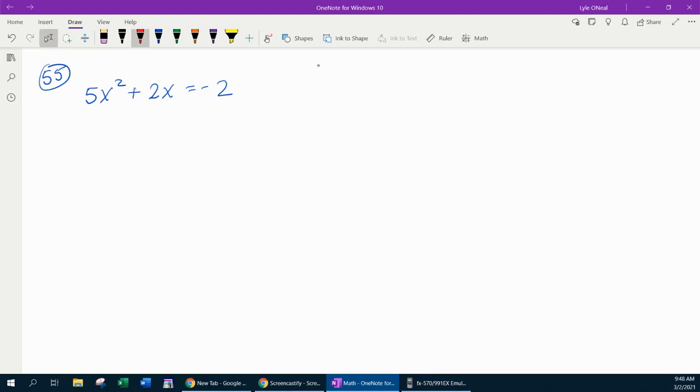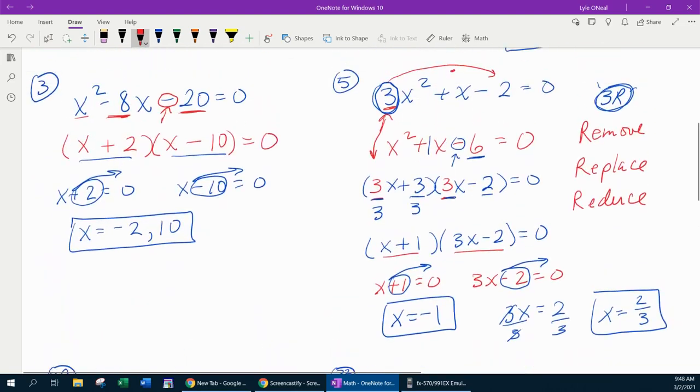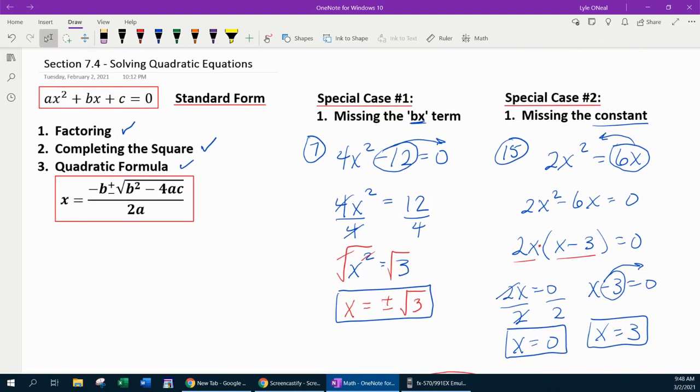So if I scroll up real quick and look at our notes, here I've got the quadratic formula written, which uses the values for a, b, and c. And so that means that our quadratic equation needs to be in standard form.